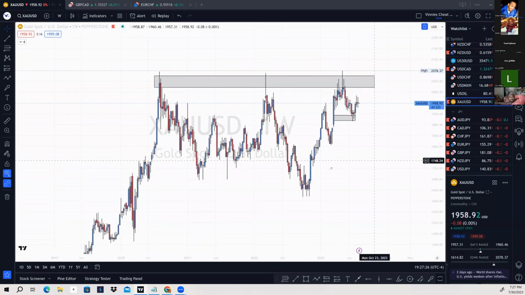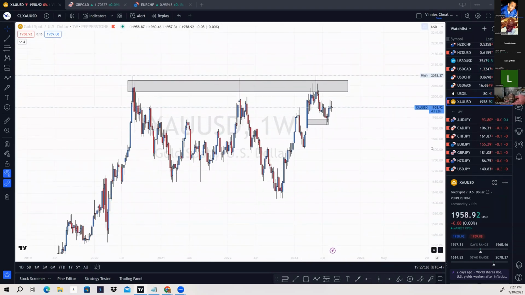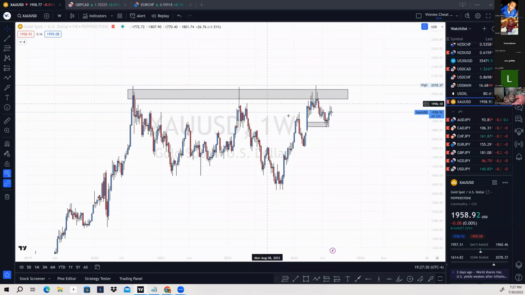On the weekly time frame on gold, we can see that price is at a higher time frame supply zone. It's been at this area 2 times in the past. This is the 3rd time. Every time it came up to this area, it rejected. First time it rejected, second time rejected, 3rd time we're starting to get a rejection on gold.